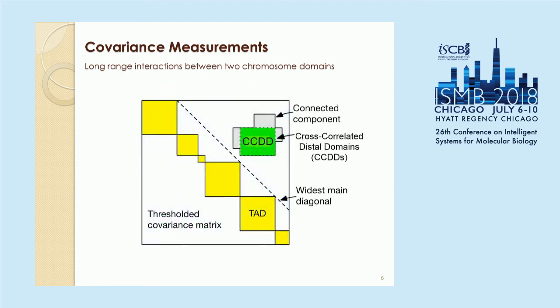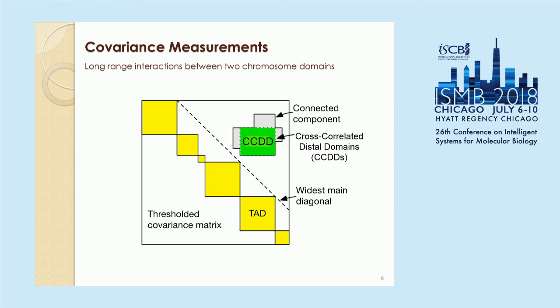If you look at the covariance map, you can see this green off-diagonal block, which is what we call cross-correlated distal domains, or CCDDs. They correspond to the 2 domains that have long-range interactions. And these long-range interactions, you can identify them from the covariance matrix very easily and systematically.